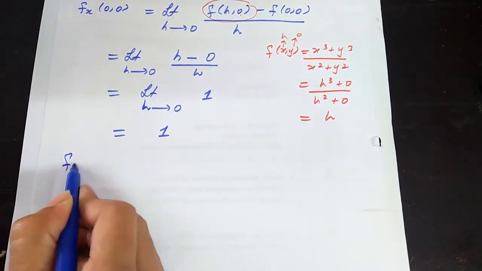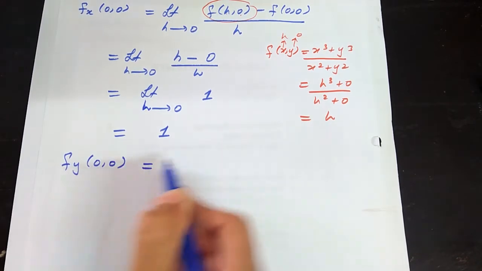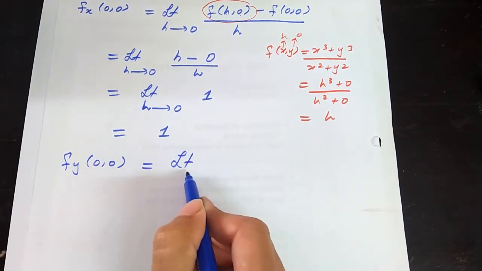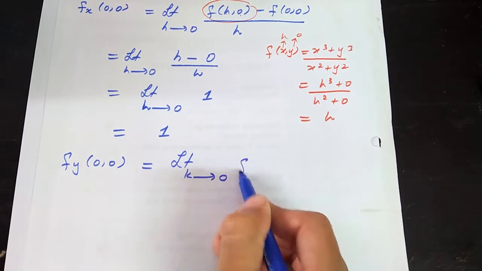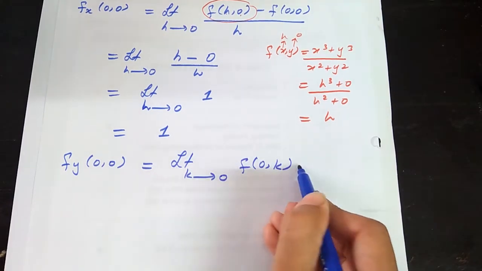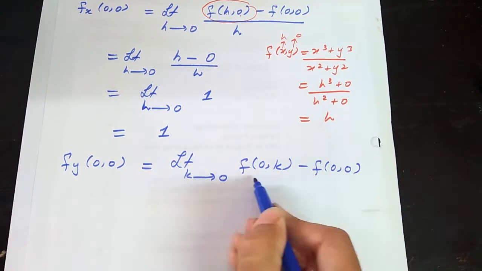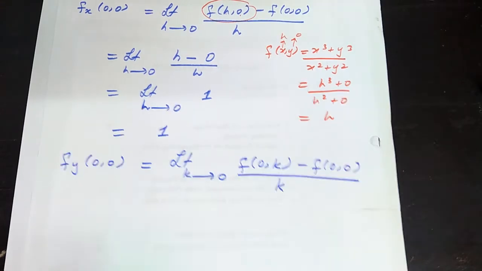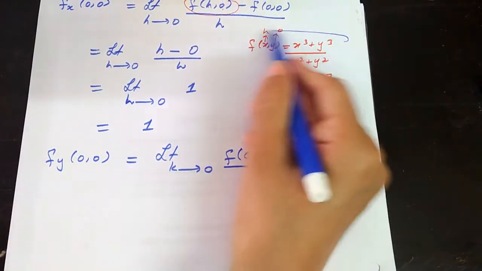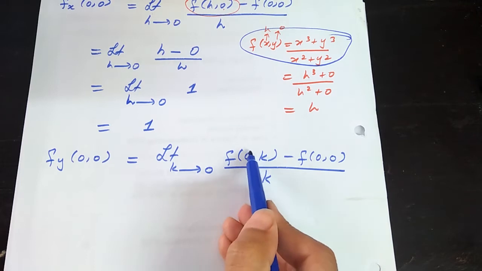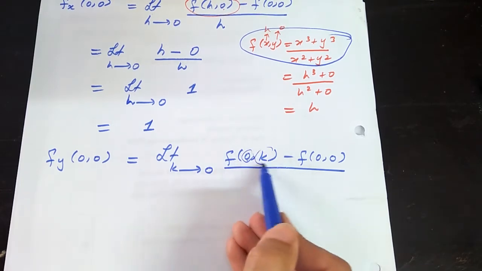Now fy of 0, 0 will be equal to, what is the formula for that? Limit k approaches to 0, f of 0, k minus f of 0, 0 divided by k. Now in your function, put this value 0 in place of x and k in place of y.